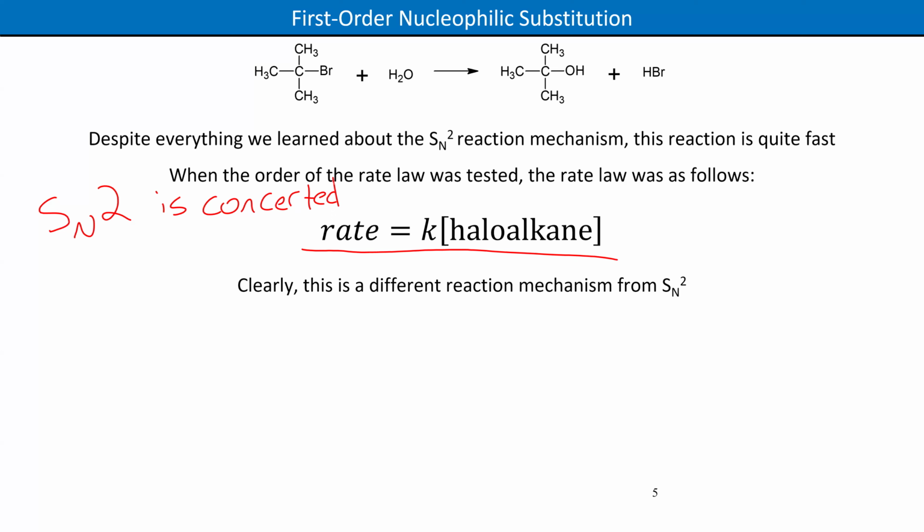You needed your nucleophile to come in and attach at the same time that your leaving group is leaving. So the concentration of both your nucleophile and your haloalkane affected the rate, because they had to run into each other for that to happen.